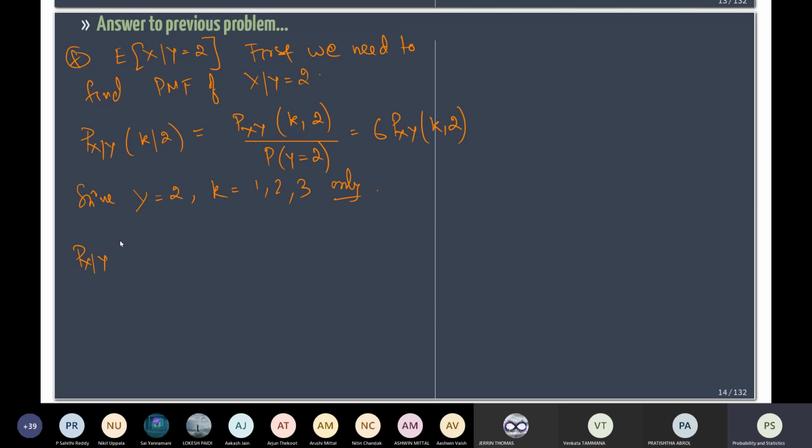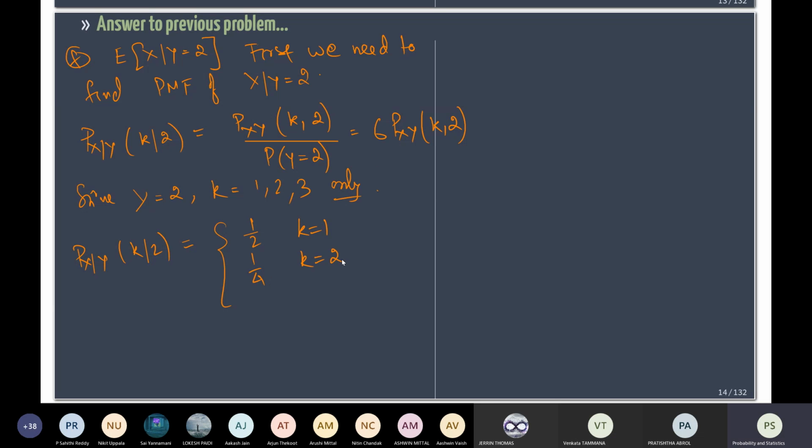So the probability of x given y, k given 2, let us do one by one. For k equal to 1, the minimum is 1, and 6 times 1 over 12 is half. For k equal to 2, the minimum is 2, so 4 is there, so 1 by 24, and 6 times 1 by 24 is 1 by 4.